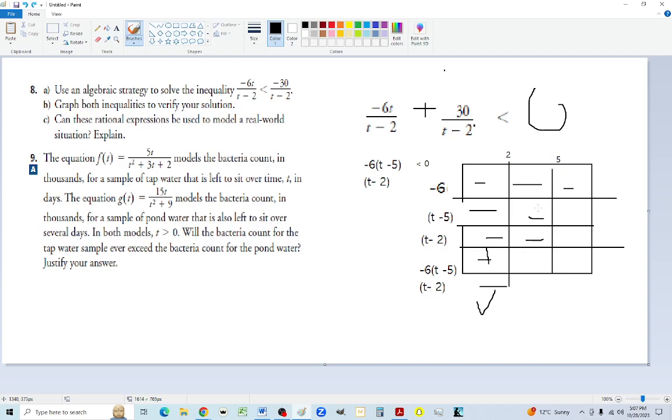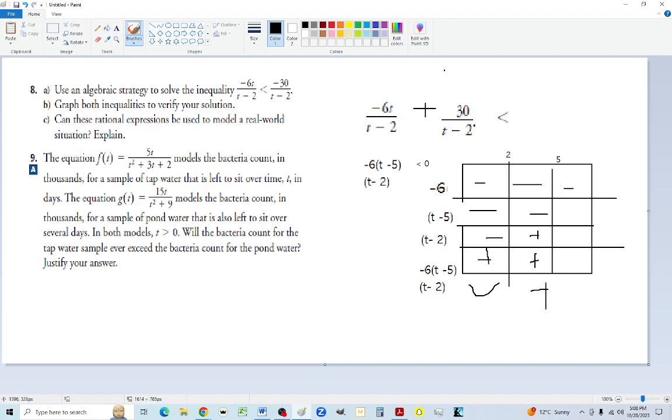For 0, it's negative, negative, negative, positive, which comes out as positive, negative, which is yes. Let's check this one again, oh yeah, that's not 0, that's 3. So I'm going to check 3. 3 would be negative, negative, positive, positive, which is going to come out positive, which doesn't work.